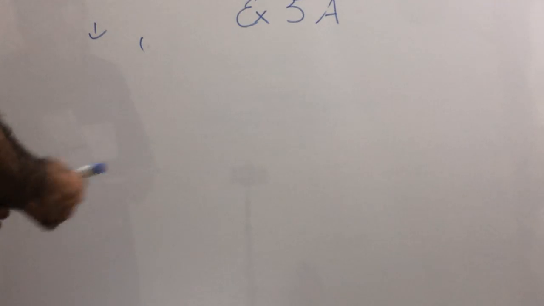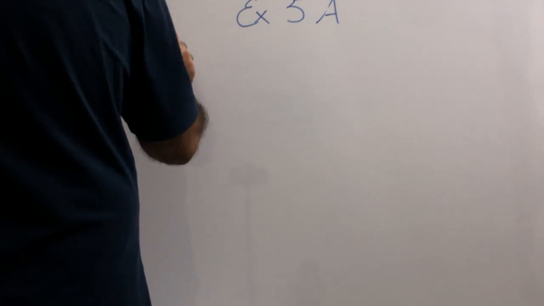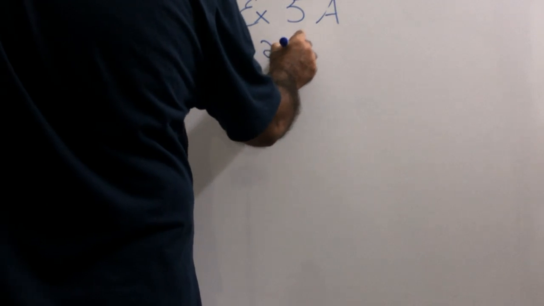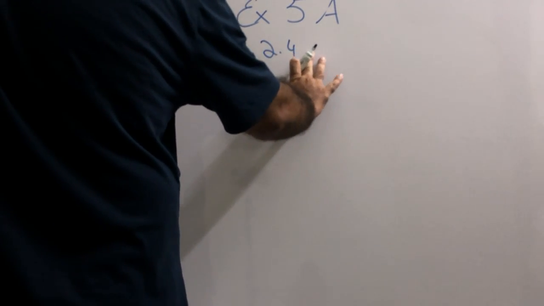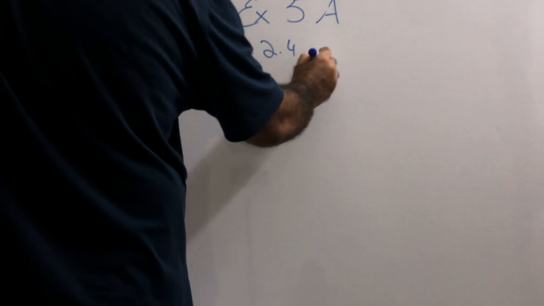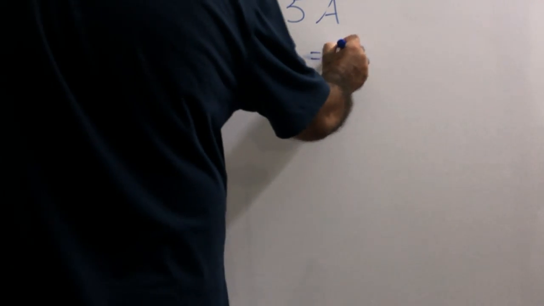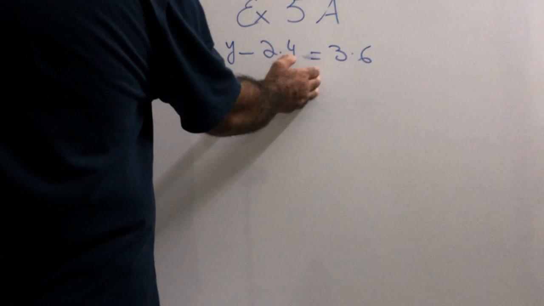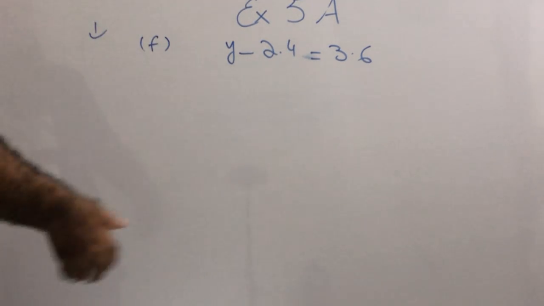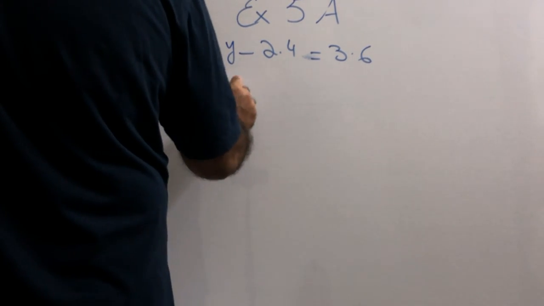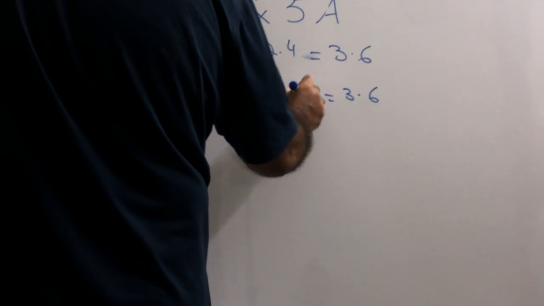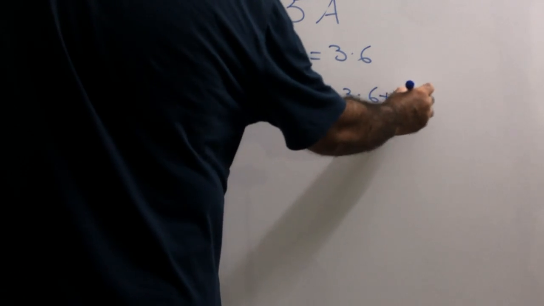Now we will be doing part F, which is y minus 2.4 is equal to 3.6. To solve for y, to get the value of y, we don't need this 2.4 on this side. So to cancel it out, we'll do plus 2.4 on both sides.